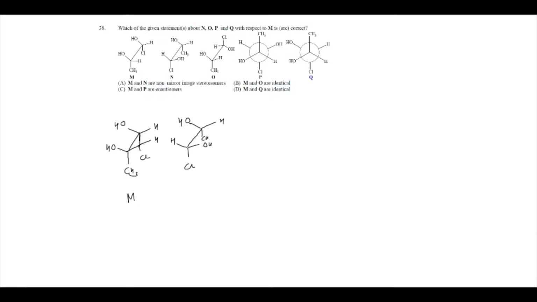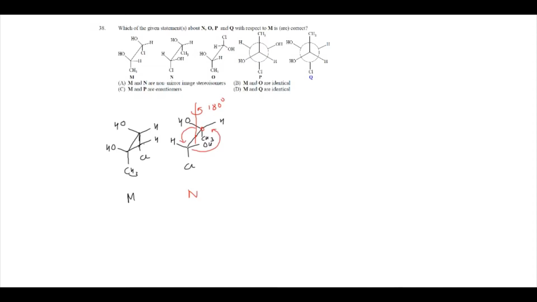CH3. So to compare, I will now rotate N along this single bond. I will rotate this single bond around a perpendicular axis by 180 degrees. So what will happen now? This carbon will come to the front and this one will go to this side.